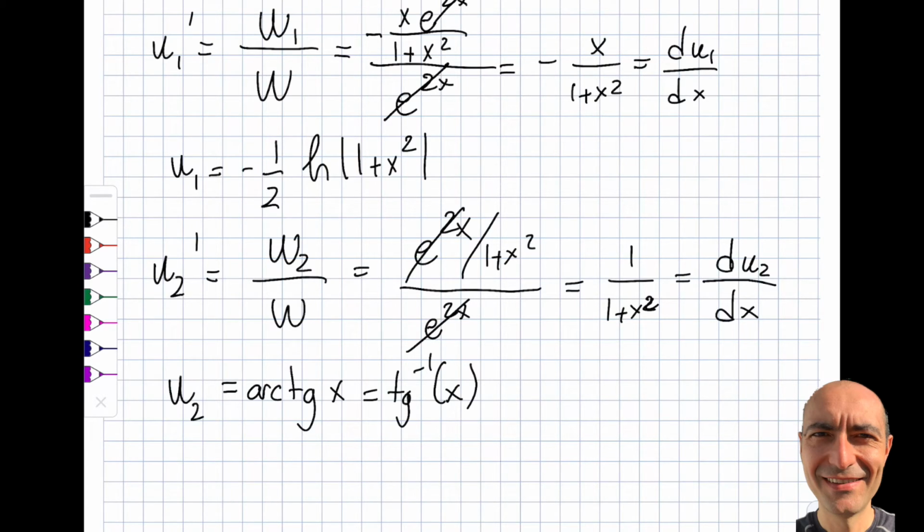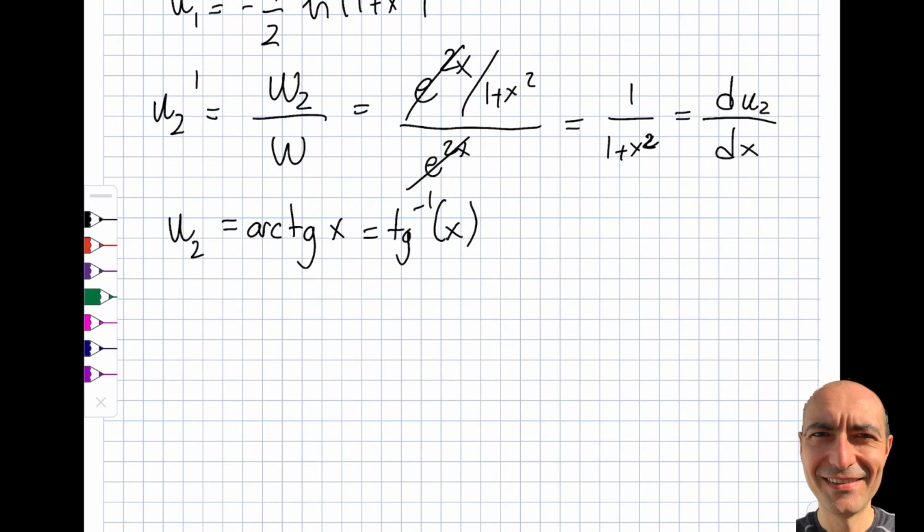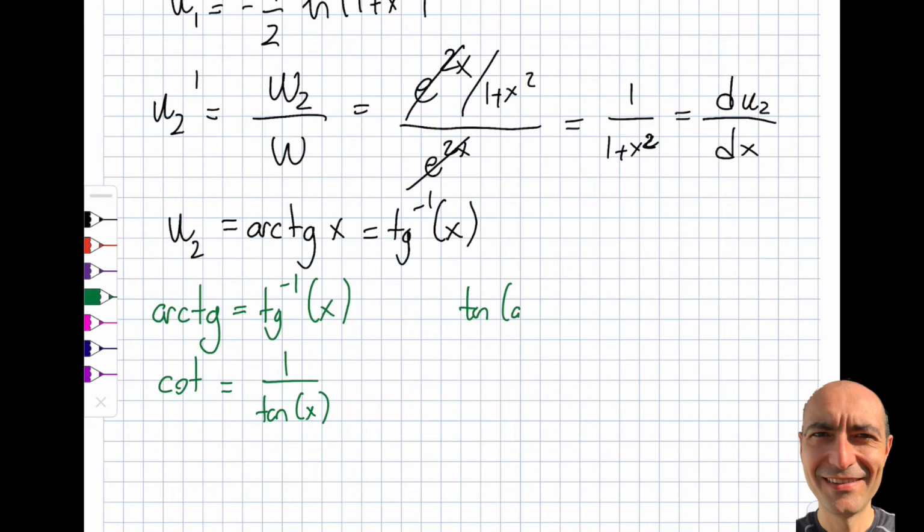This is something that you kind of need to know. But let's do a different color over here and illustrate something. As I said, arctangent is tangent minus 1 of x. Just to illustrate, cotangent is 1 over tangent. I'm not talking about this, just for everybody to be on the same page. What is tangent of arctangent of theta?